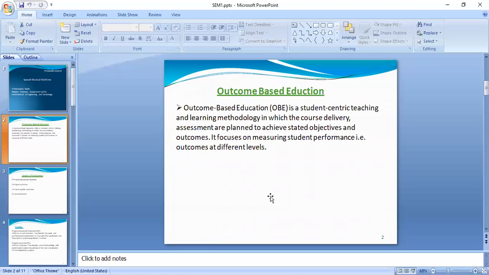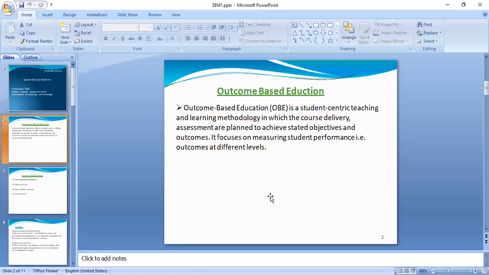In outcome based education, the major focus is on measuring student performance, which is very important, at every level. At every level means, for example, in the first year, first semester, we assess the students by conducting mid one, mid two exams and the final exams.